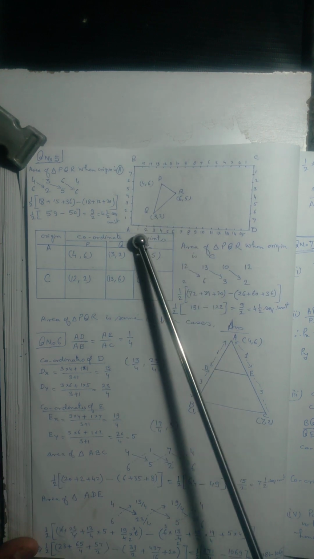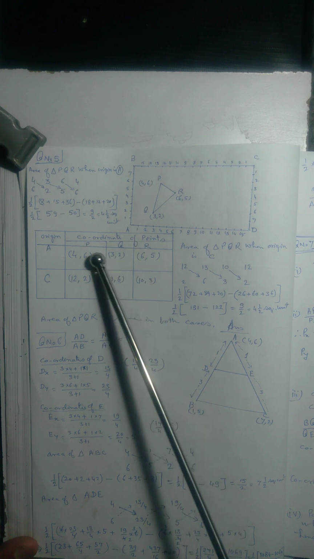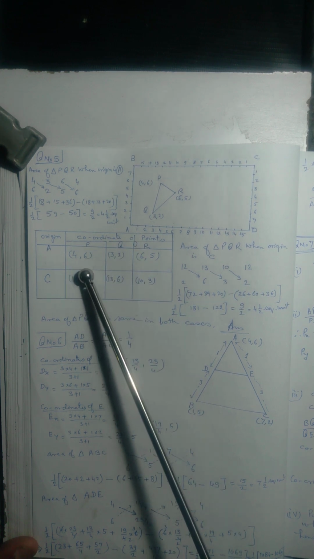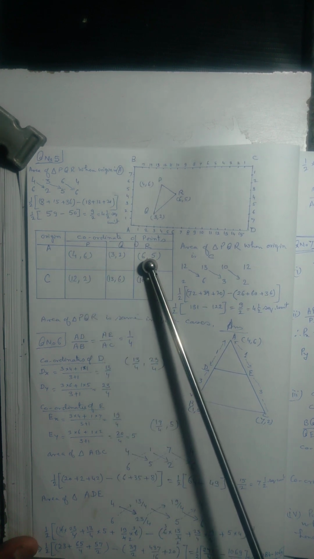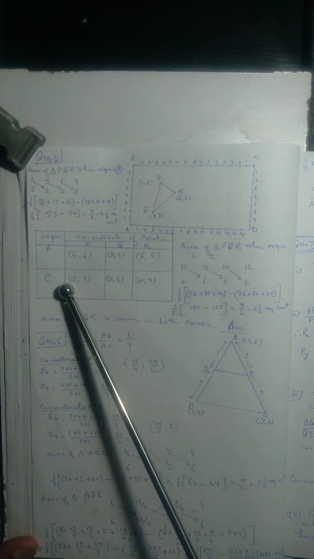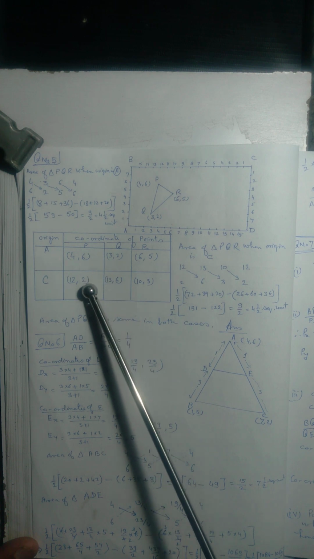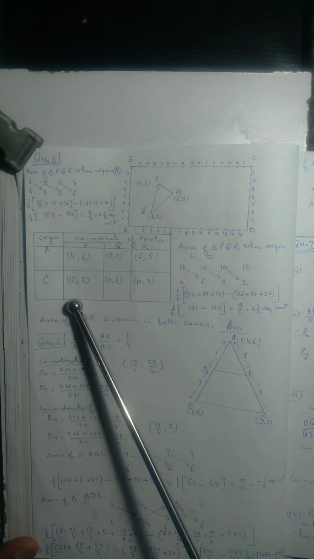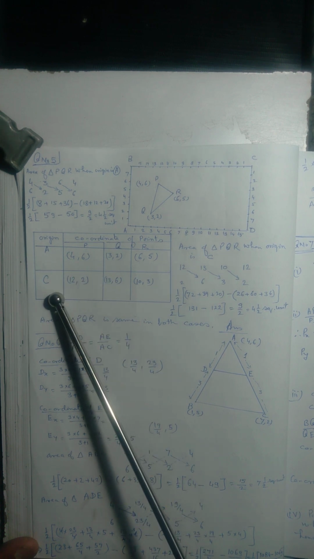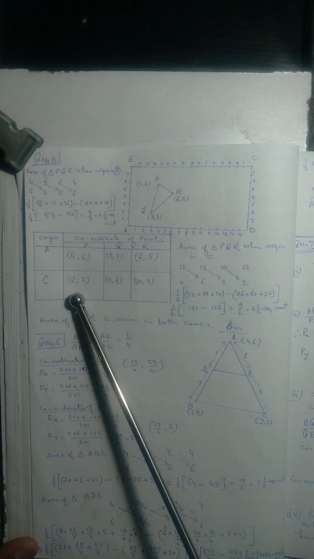Now with the help of origin A, the vertices are given, that is 4, 6; 3, 2; 6, 5. But when we consider C as the origin, at that time the coordinate of the point P will be 12, 2.